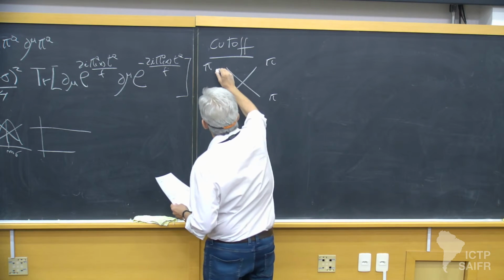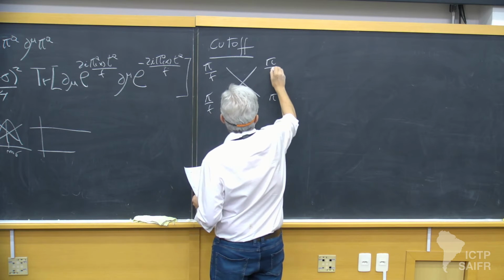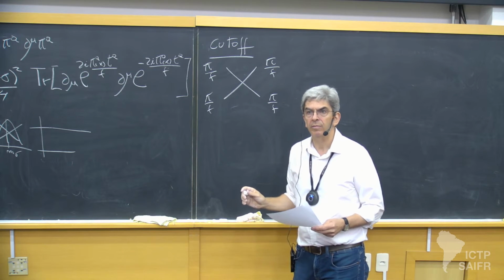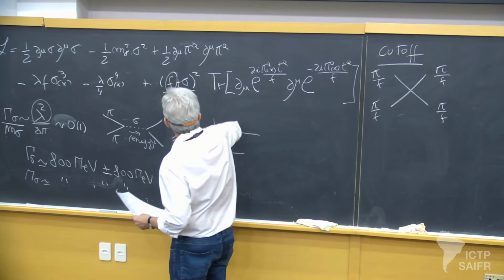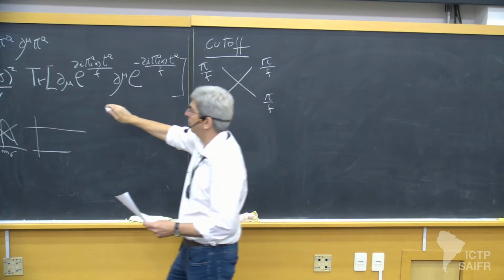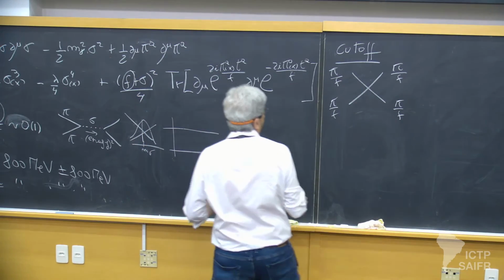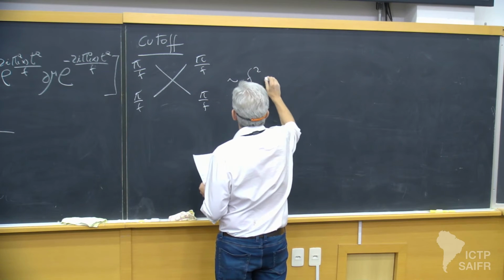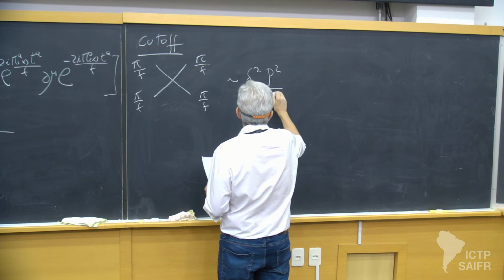Each time you get a pion, you get a factor of 1 over f, whether there is a momentum or no momentum, right? Then I'm just using this part here to get only pions in the interaction, so I'm not using the sigma particle. And so I get an f squared, right? So this will go like the f squared times p squared over f to the 4th.